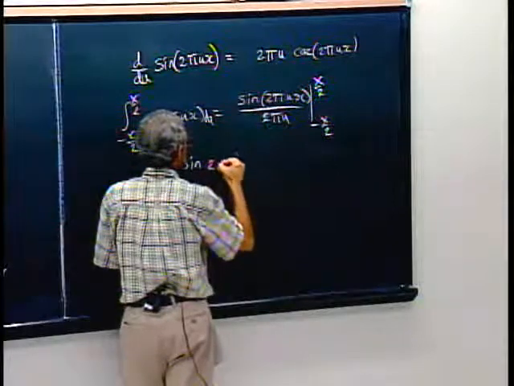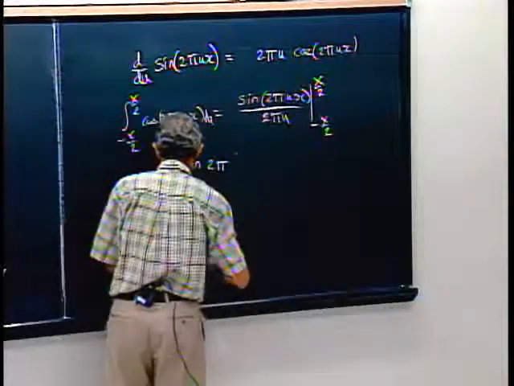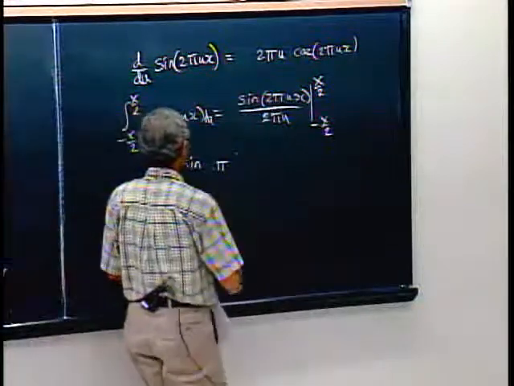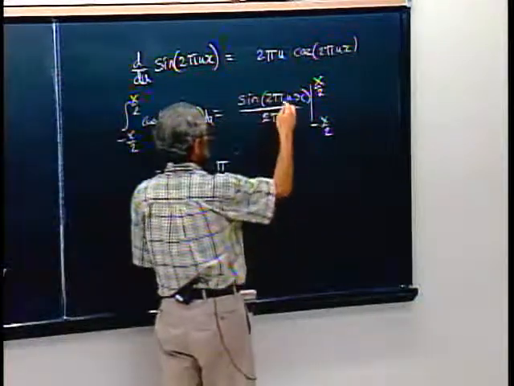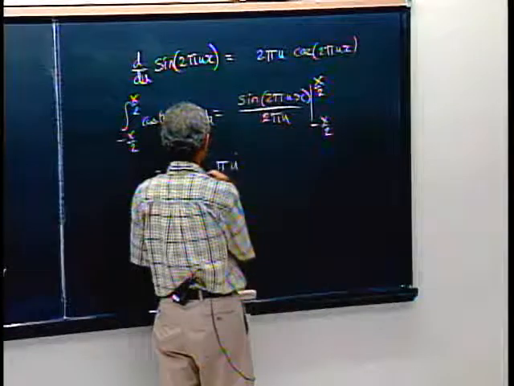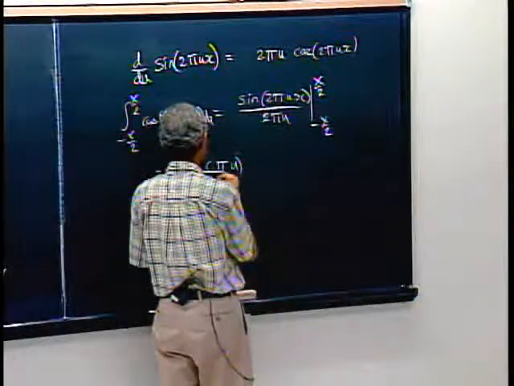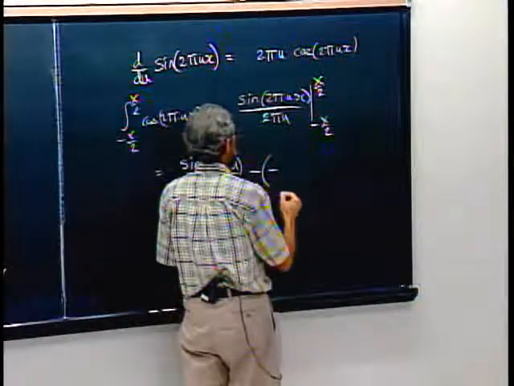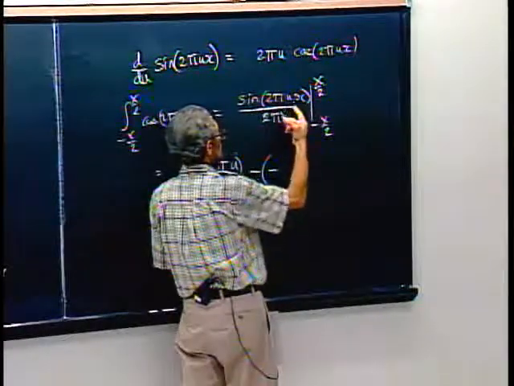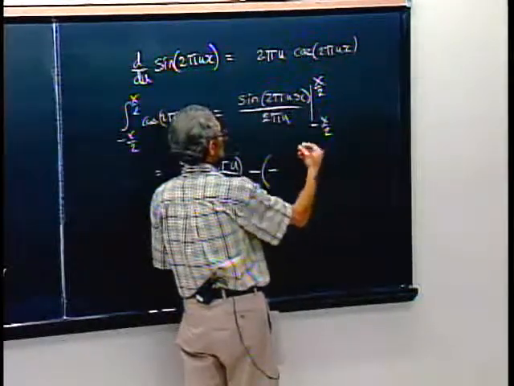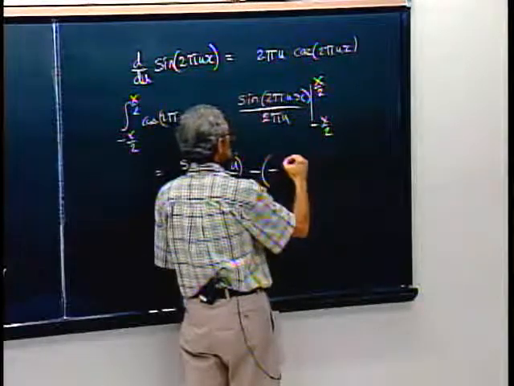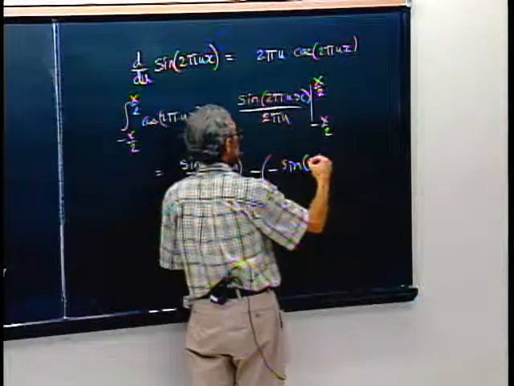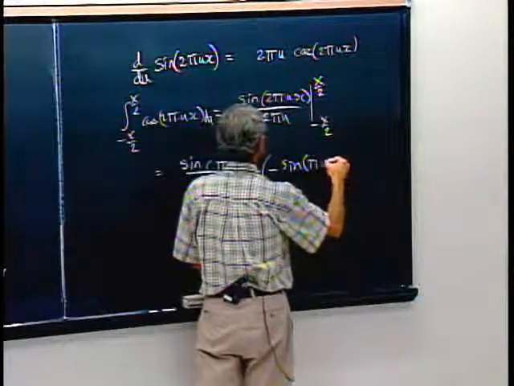I don't have the 2 pi, just pi capital X u over 2 pi u. And then I have minus at the lower limit. And at the lower limit, I have a sine of a negative angle, minus X over 2. And that's minus the sine of, if it were positive, pi X u.